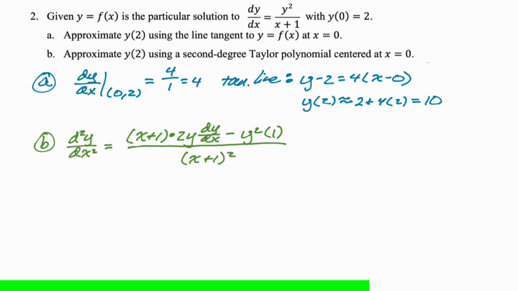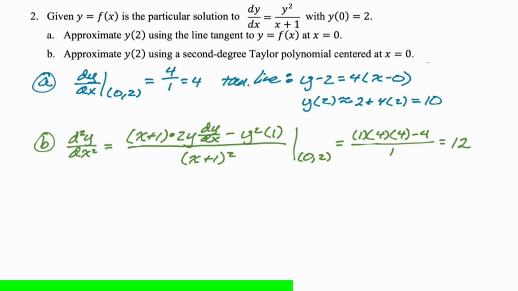And again, we're going to evaluate it at the point 0, 2, where we know that dy dx is 4. So it's going to be 1 times 2 times 4, dy dx is 4, minus 2 squared is 4, so many 4s. We get 16 minus 4, which is 12.